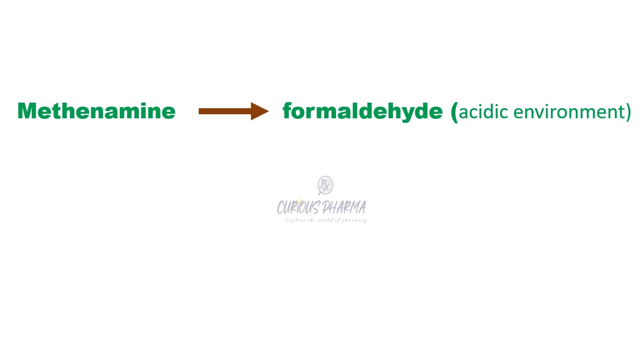The mechanism of action of methenamine involves slow hydrolysis of the drug in acidic urine, which leads to release of formaldehyde. Formaldehyde then reacts with amino groups of bacterial proteins, causing them to cross-link and denature. This ultimately leads to cell death of the bacteria and results in getting rid of the infection.